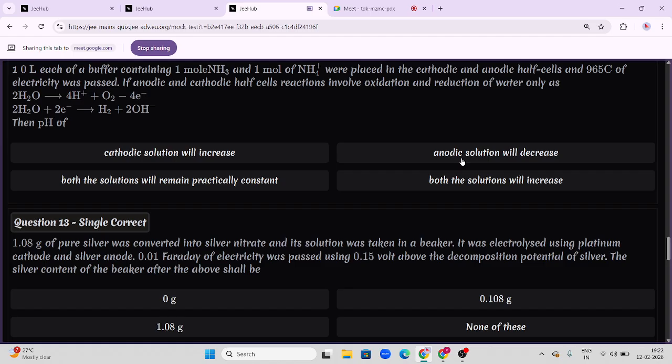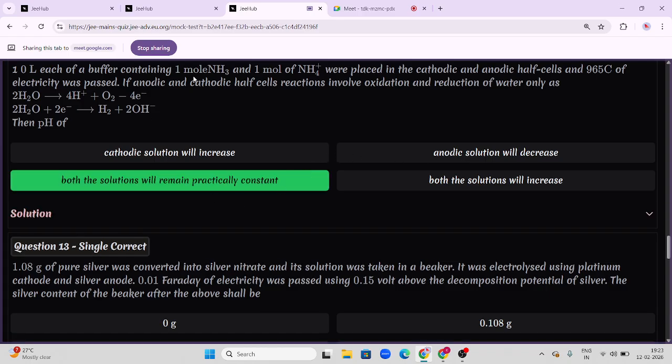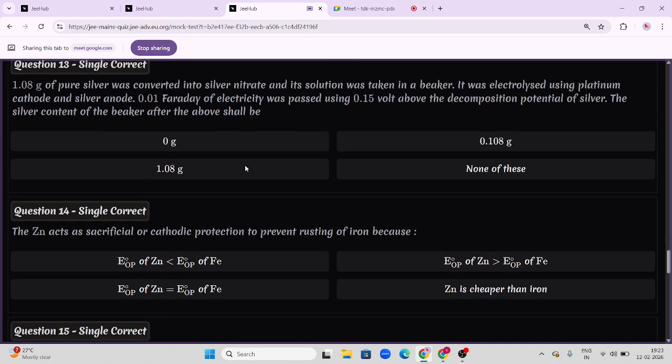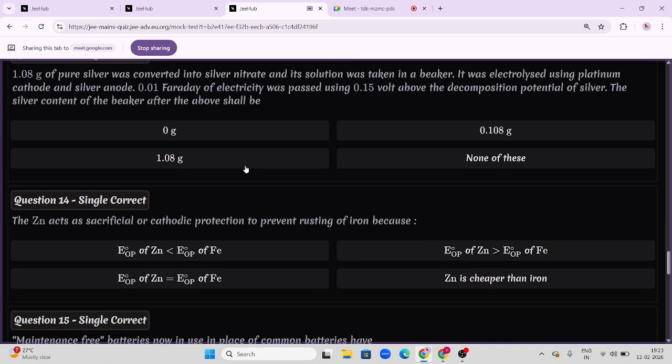Then what will a buffer solution do? Water reaction is happening, fine. But what is the role of buffer there? It will maintain the pH, ma'am. So the pH of the solution will remain practically constant because it is a buffer solution.